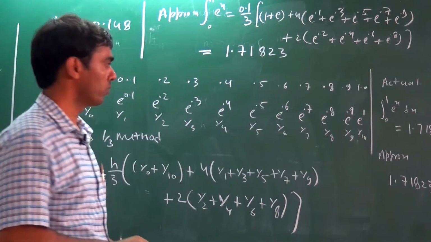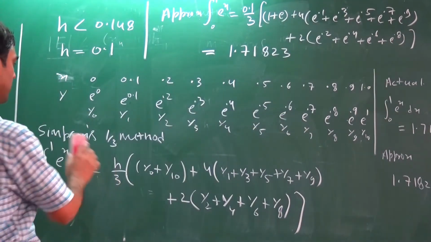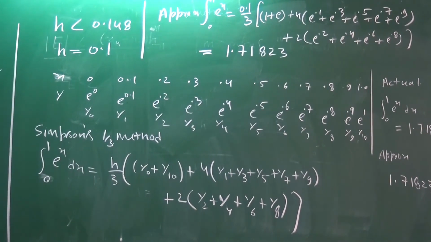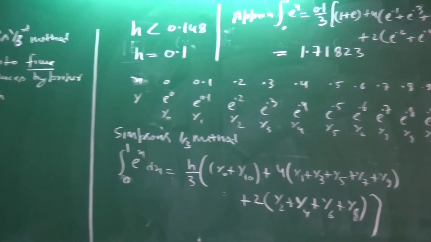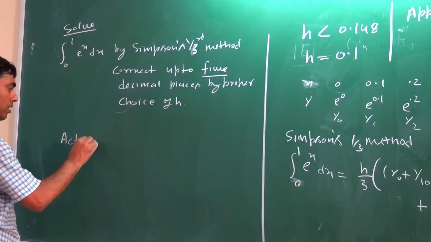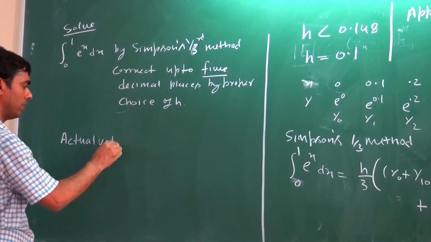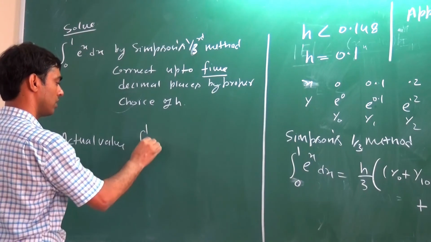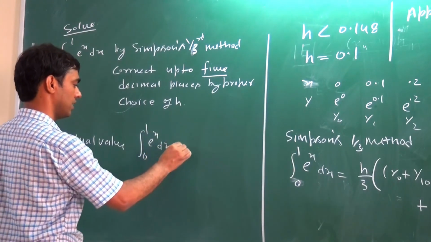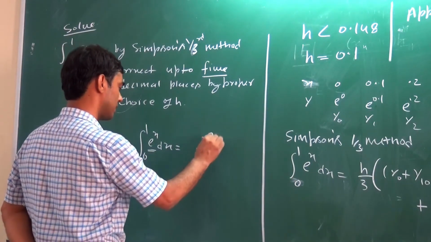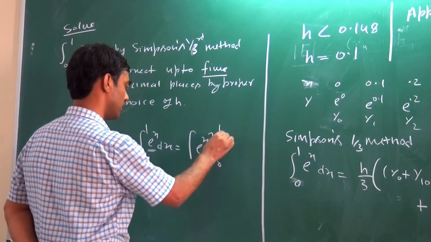1.71823. Now what is the actual value? If we find the value of integration, the actual value of integration, we know that integral 0 to 1 e to power x dx equals, the integration of e to power x is e to power x, from 0 to 1.